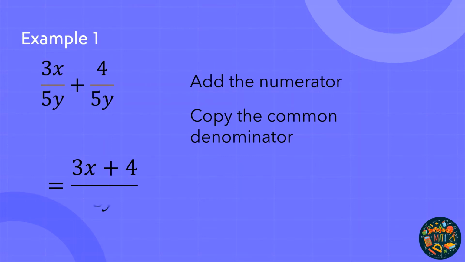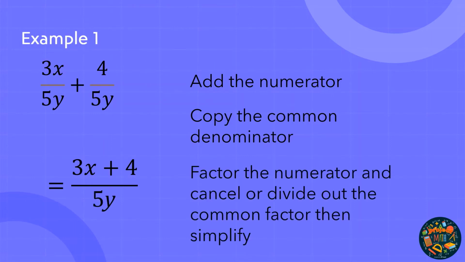And the common denominator is 5y. Okay, so for the third step, factor the numerator if possible. Since 3x plus 4 is a prime polynomial and wala na tayong makikitang common factor from numerator and the denominator, therefore, we have now our final answer as 3x plus 4 over 5y.